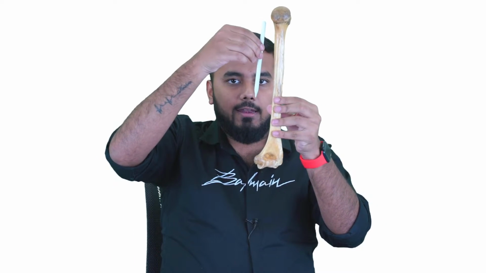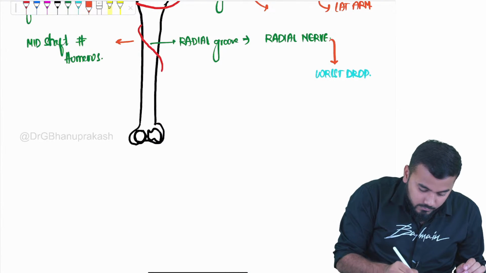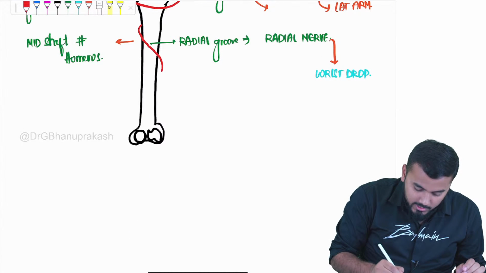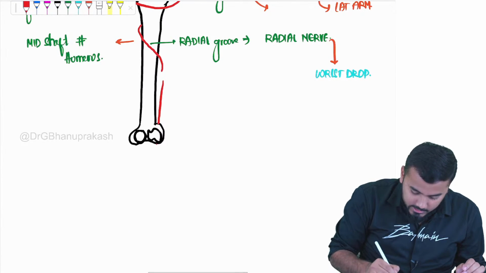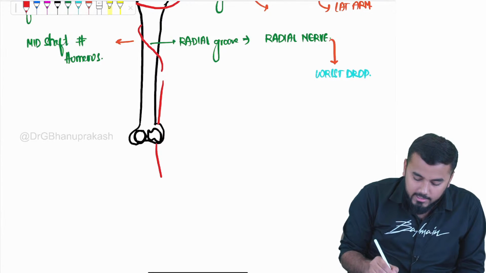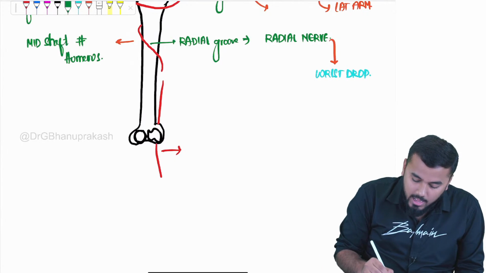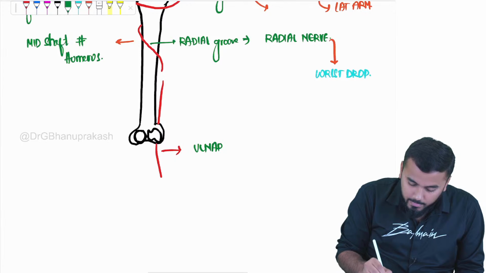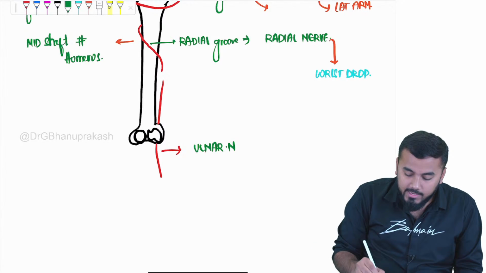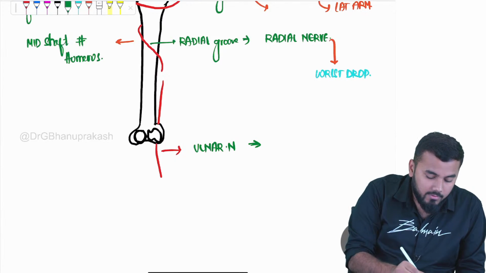Another important thing. I told you that this is the medial epicondyle and this is the lateral epicondyle. A nerve comes like this and passes behind the medial epicondyle, not in front. This nerve I call the ulnar nerve.